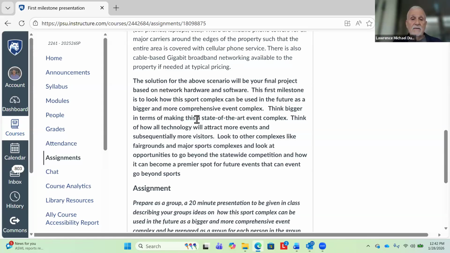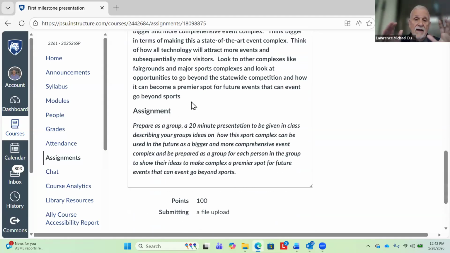Look at these complexes, maybe as fairgrounds, and even look at some of the major sports complexes we have, and see what future types of events could happen.